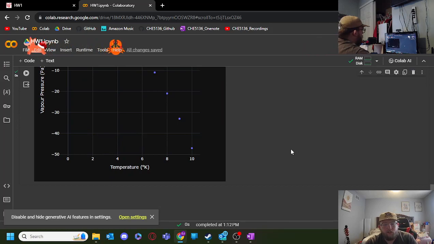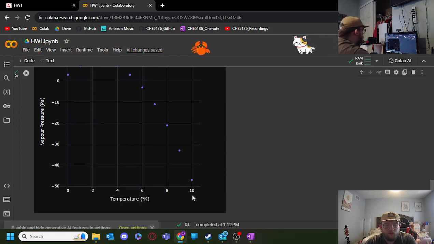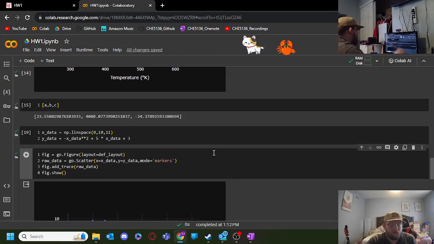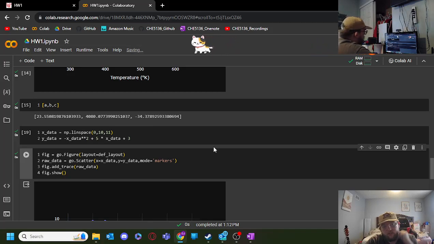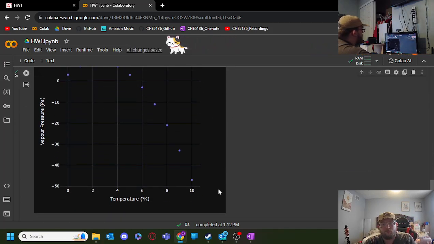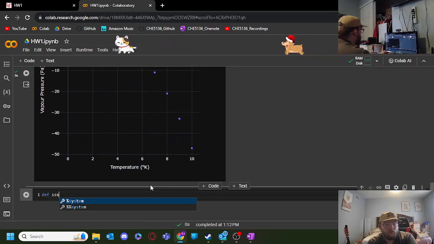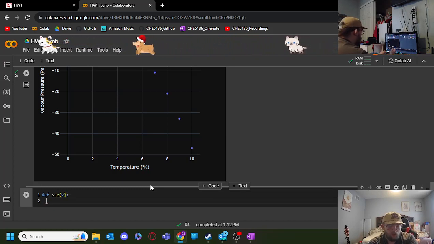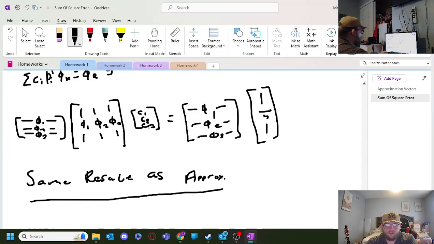As you can see here, starting at 0, we have this curve. From here, we're going to set up a sum squared error function. We're going to input a vector, which will be our coefficient column vector that we are discussing right here.